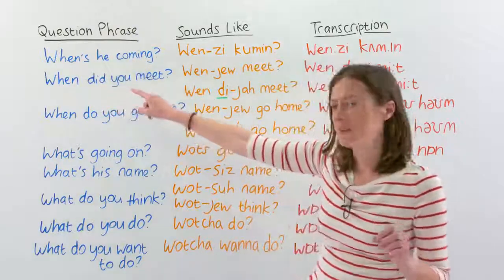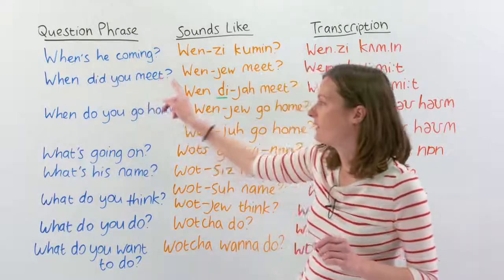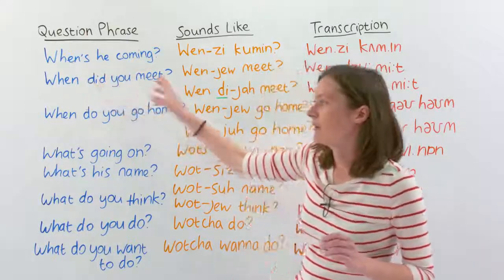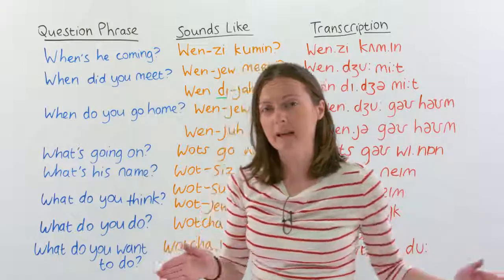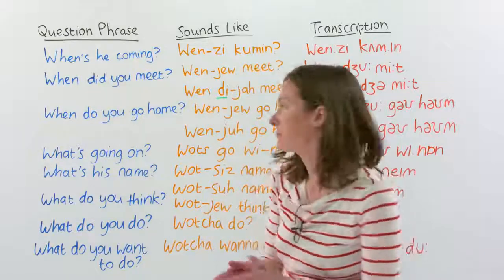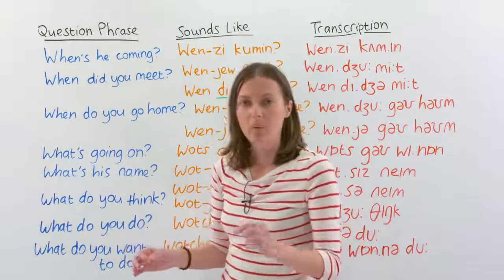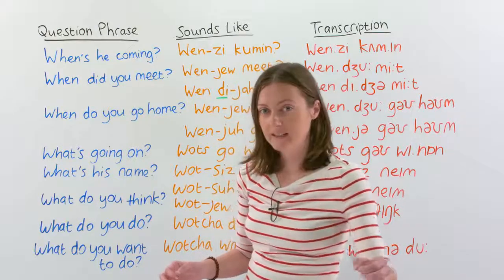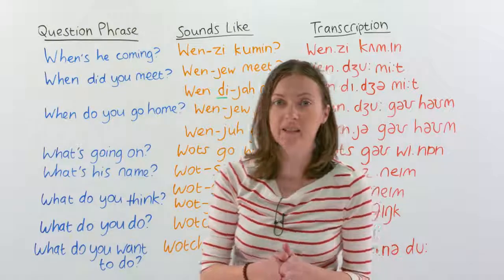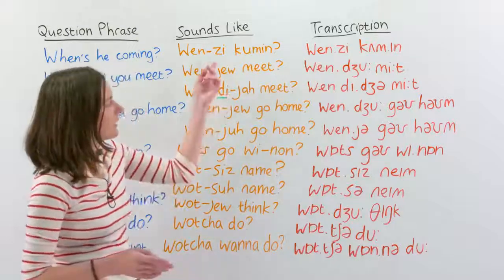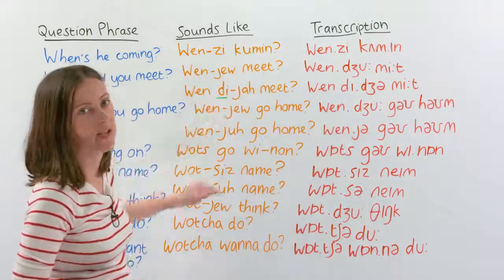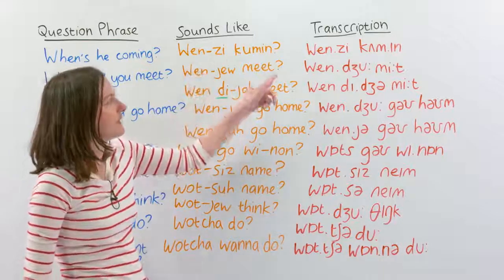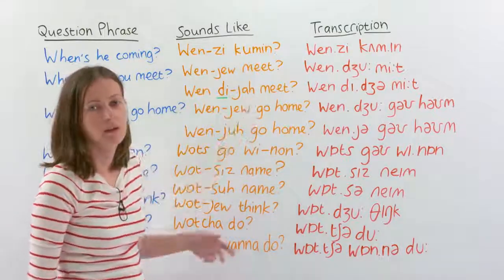The question phrase is, when's he coming? Now, if I'm saying that slowly, perhaps as a beginner, I would say, when is he coming? When's he coming is when I speed it up. So look here at sounds like, when's he coming?